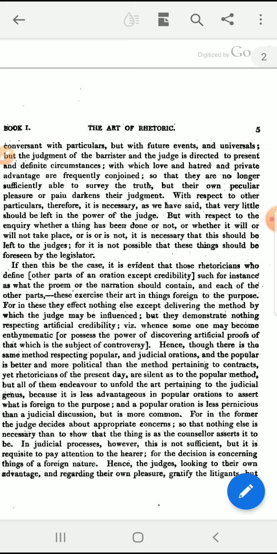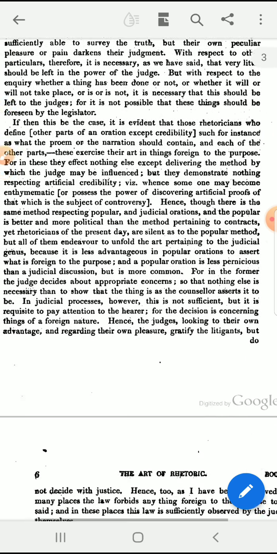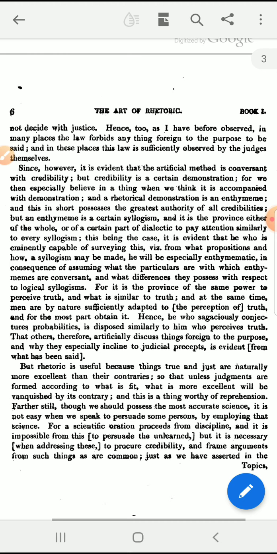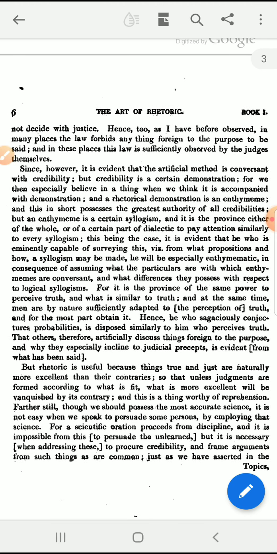Hence the judges, looking to their own advantage and regarding their own pleasure, gratify the litigants, but do not decide with justice. Hence, too, as I have before observed, in many places the law forbids anything foreign to the purpose to be said. And in these places this law is sufficiently observed by the judges themselves.